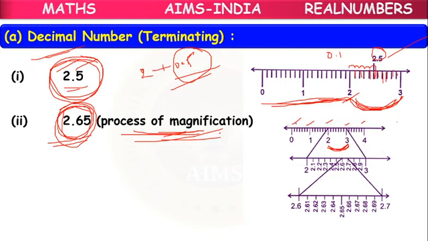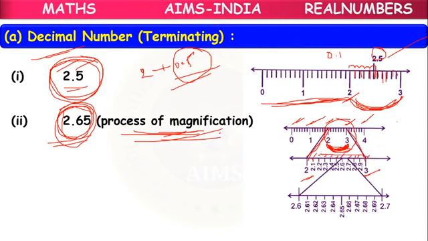Now let's magnify this unit part, the part between 2 and 3. 2 is this, 3 is this. Suppose we assume 10 equal parts: 2.1, 2.2, 2.3, 2.4, 2.5, 2.6, 2.7, 2.8, 2.9, 3.